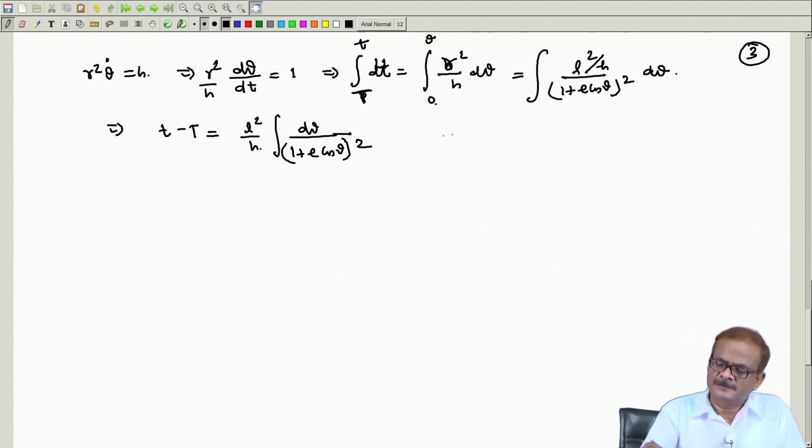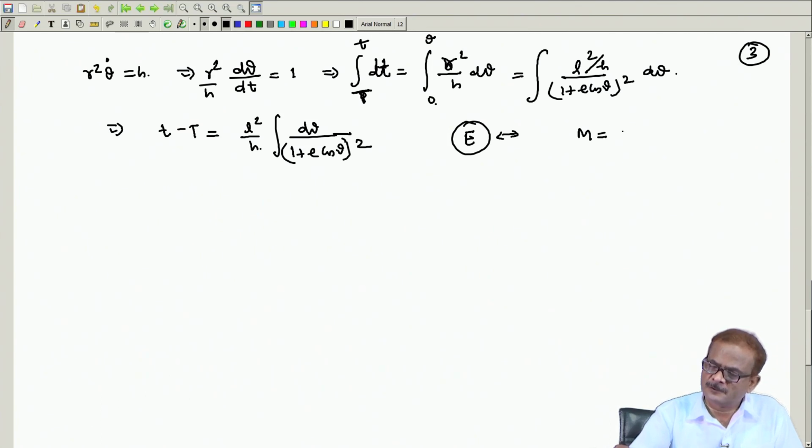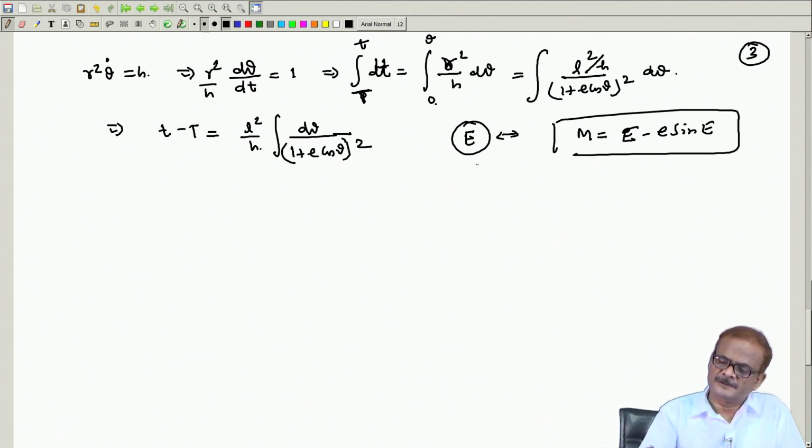So we did it in terms of eccentric anomaly, and the benefit was that it got reduced into a simpler format, which we called the Kepler's equation, E minus e sin E. So from there by integrating we got this equation for the case of ellipse. Okay.